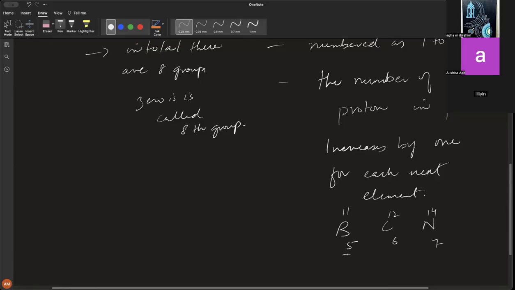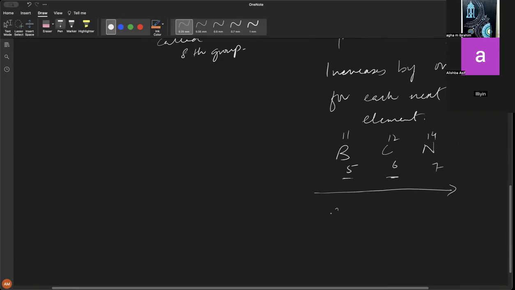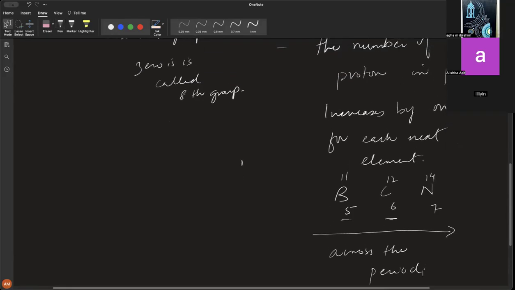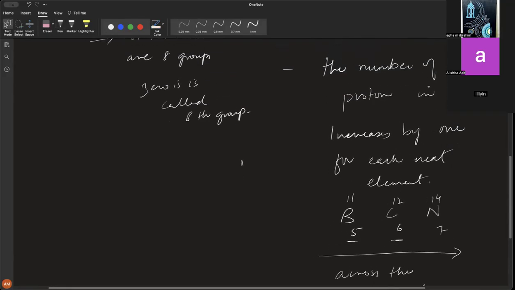So you see these numbers as we go across the period. If you go in a period from left to right, you will see that each number increases by 1. You understand? Yes.